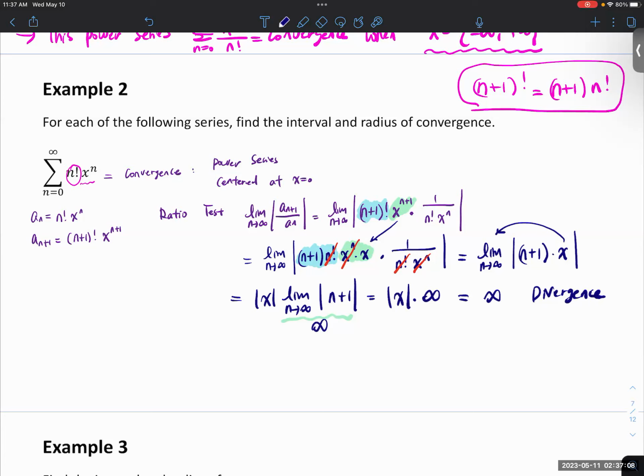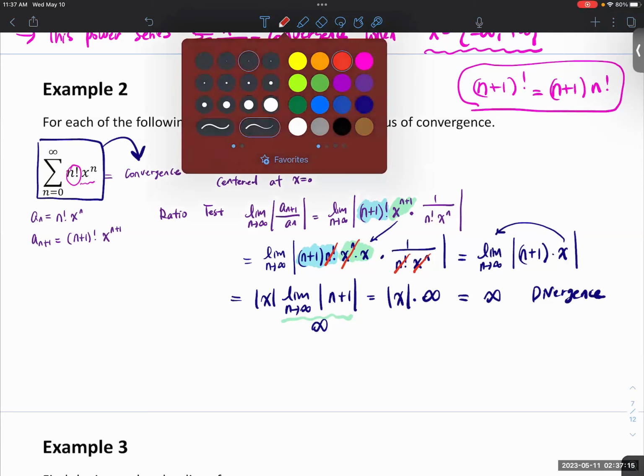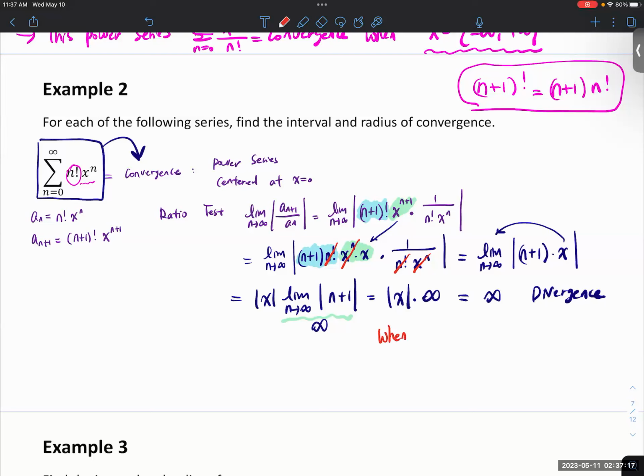I want to make this power series convergent. So what do you guys think? When x equals 0, then 0 times infinity will be 0, and then it's going to converge. You cannot have any other x's.